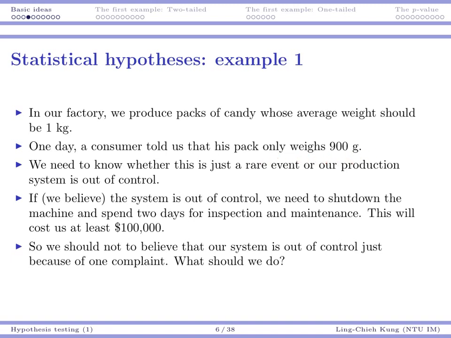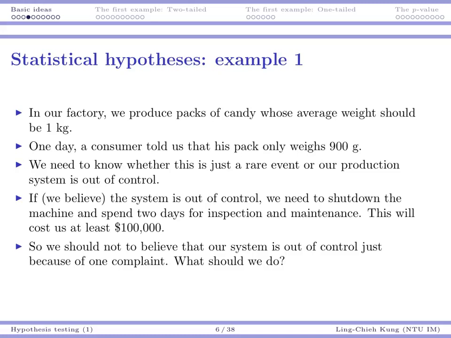We need to know whether our machines or the production process are still fine, so that our average weight is 1 kilogram. Okay, there are actually a lot of things to test for a rigorous quality control process.